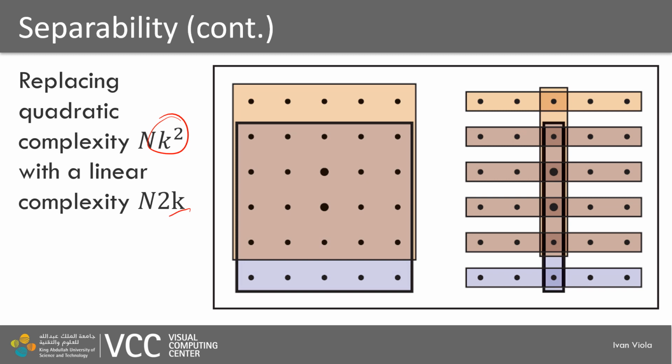So the result will be 2k, and we have a linear complexity versus the quadratic complexity of a two-dimensional filter. This is a great benefit, which comes at the expense of storing the intermediate representation after one-dimensional filtering, so that we can use it for completing the filtering process across the other dimension.